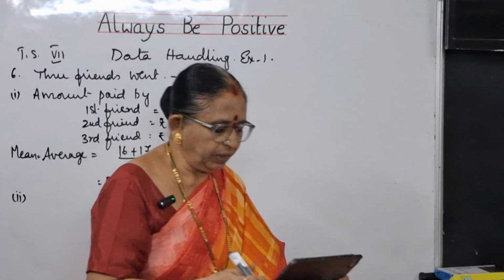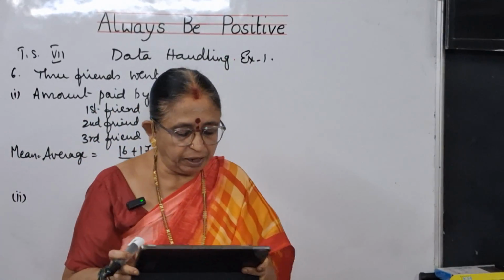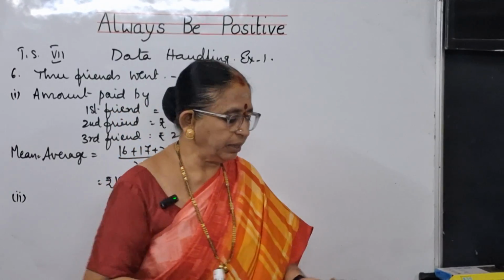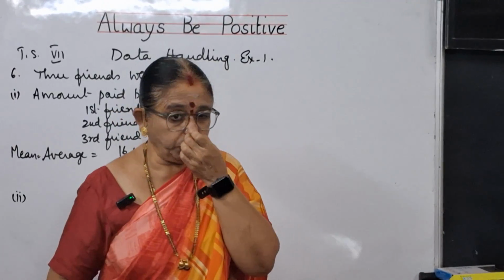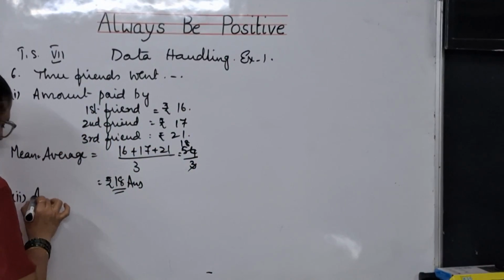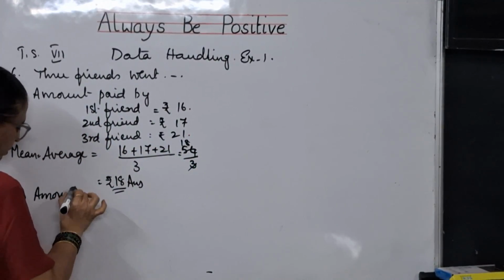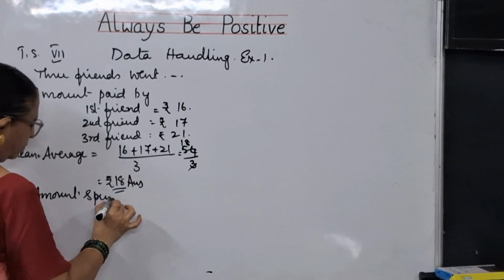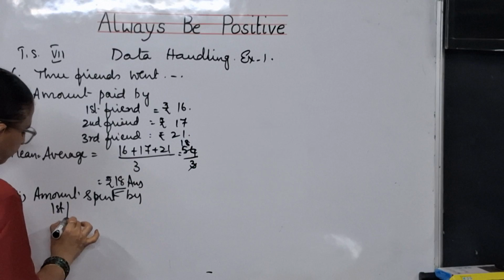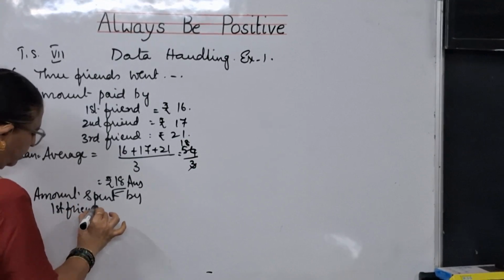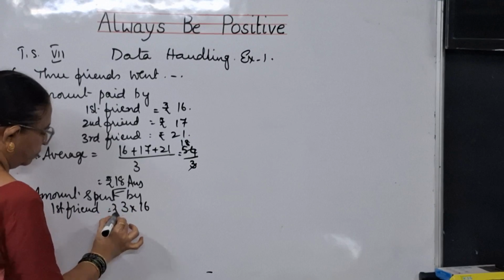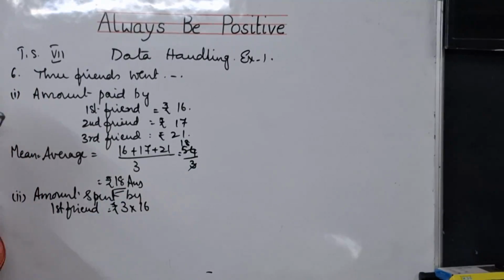Second bit is, if they have spent 3 times the amount that they have already spent, what would be their mean expenditure? So amount spent by first friend is equal to 3 times of rupees 16.